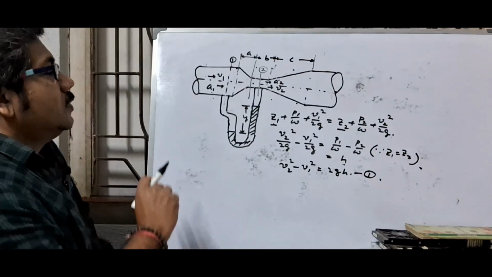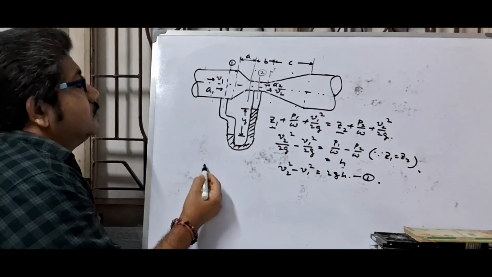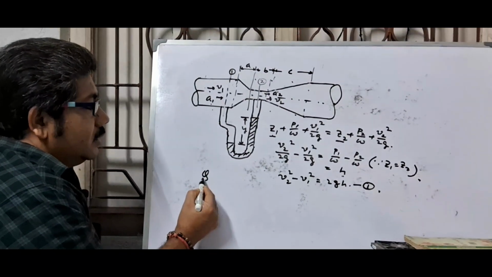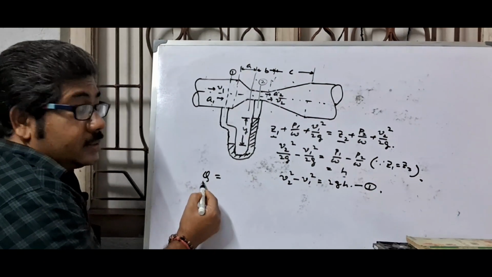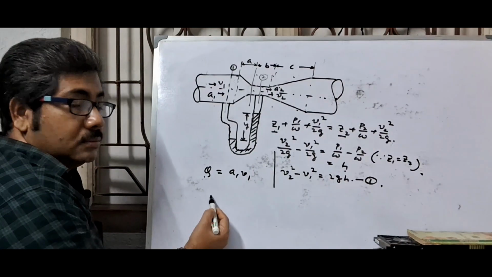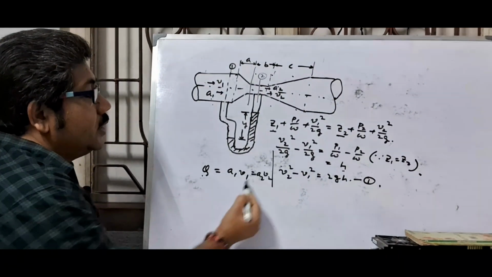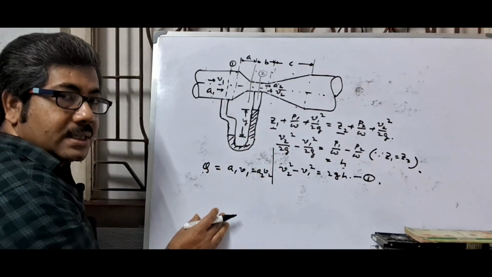Now, applying discharge, we know that theoretical discharge Q equals A1 V1, equals A2 V2 at 1, 1 and 2, 2 section.